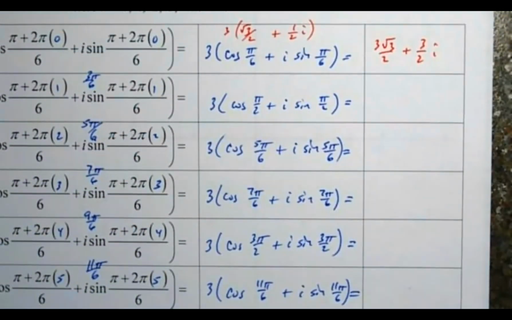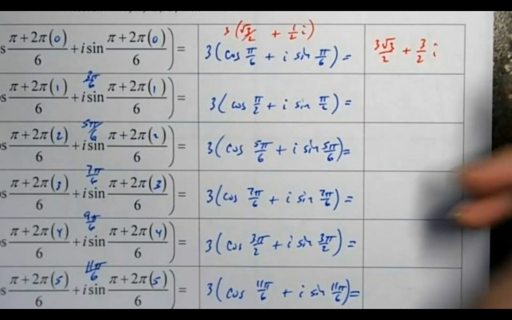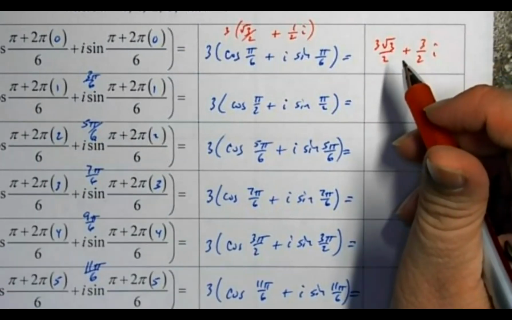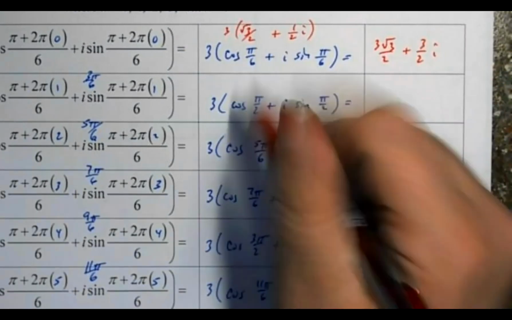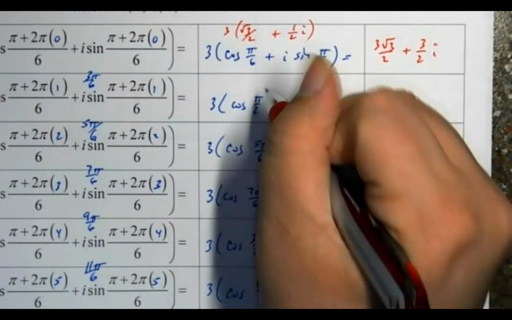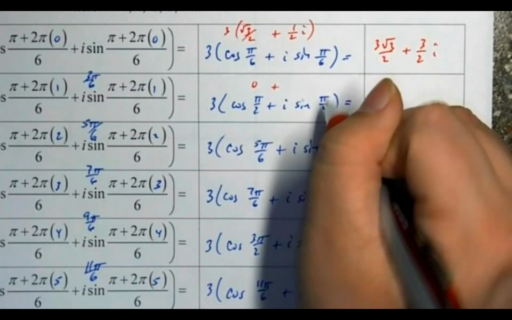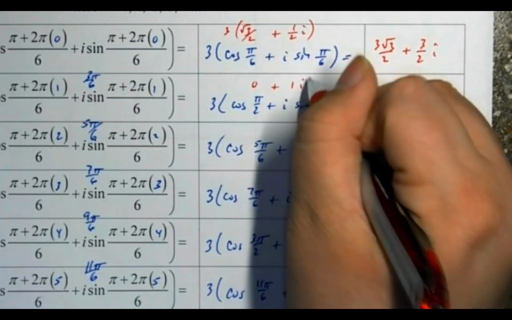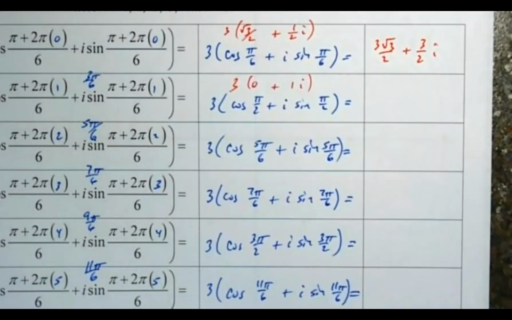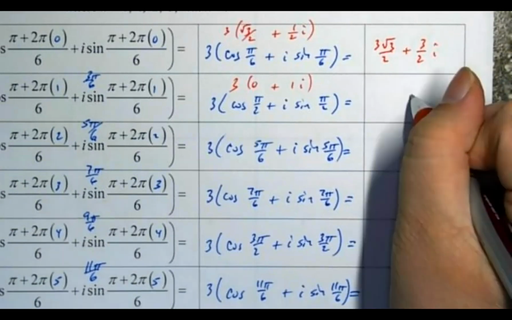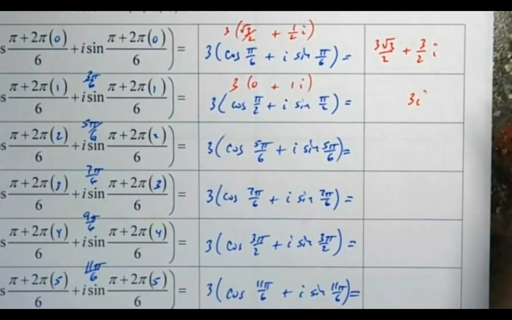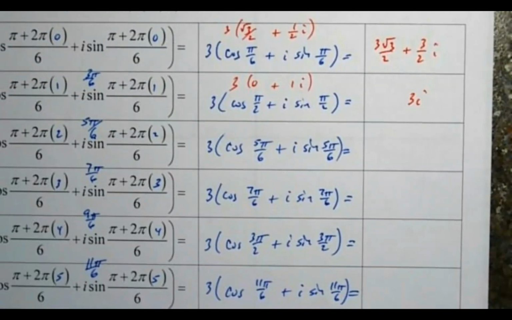There's the first root. Next, the cosine of pi over 2 is 0. The sine of pi over 2 is 1 i. So we're going to multiply and distribute 3. So if I multiply that out, that's just 3i, or 0 plus 3i.